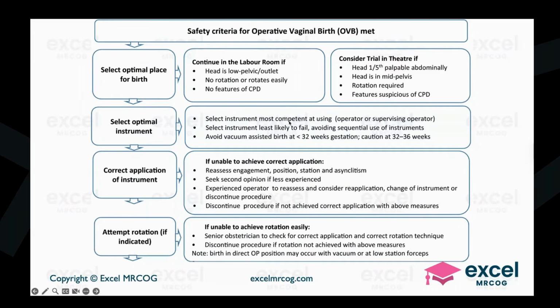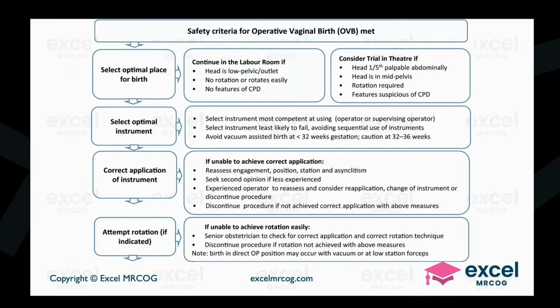if they feel like vacuum is going to fail the majority of the time or because of any difficulty. Then you don't want to put a ventouse after a forceps or a forceps after a ventouse. Usually it goes with vacuum failing and then you requiring to put a forceps.